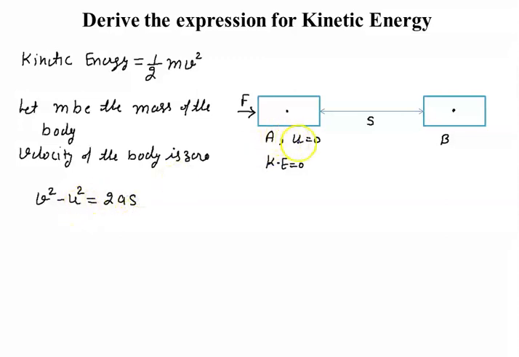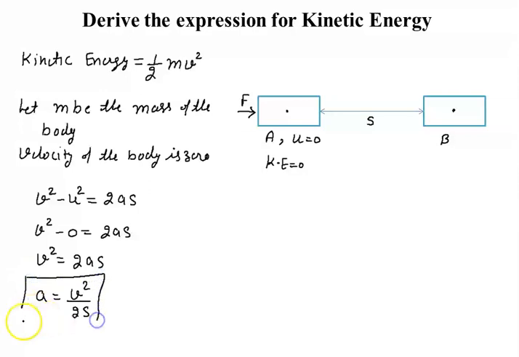Here we know that its initial velocity is 0, so put it here. v square minus 0 is equal to 2as, and v square is equal to 2as, so its acceleration will be a is equal to v square by 2s. This is the acceleration of the body.